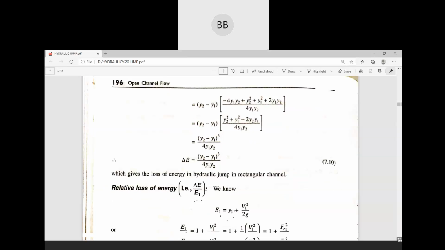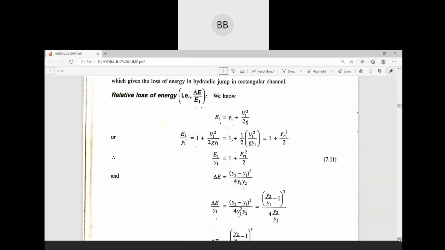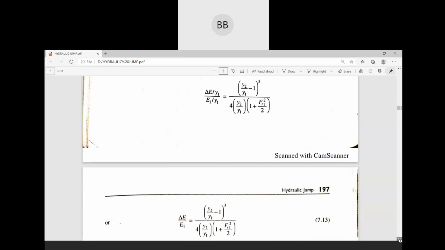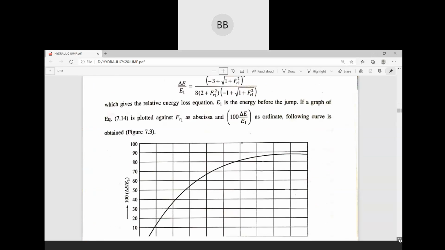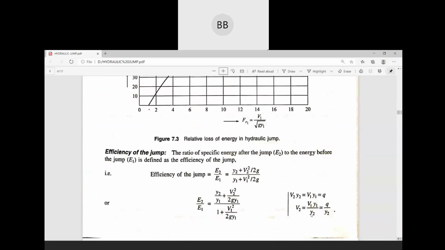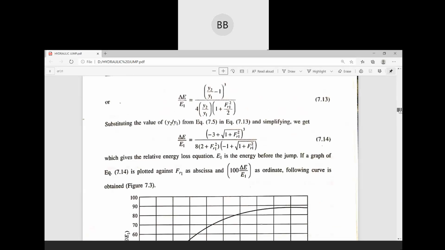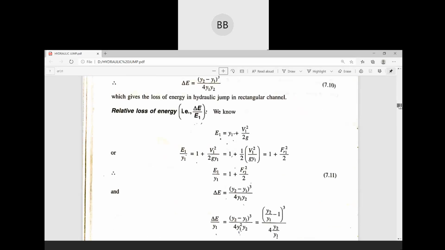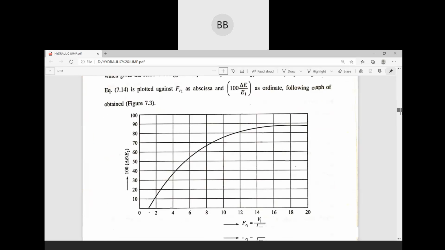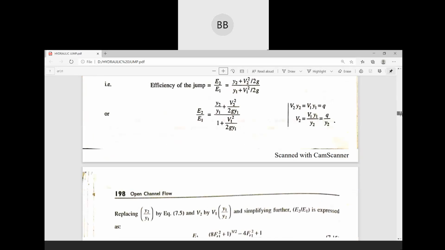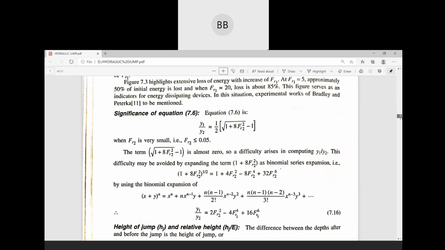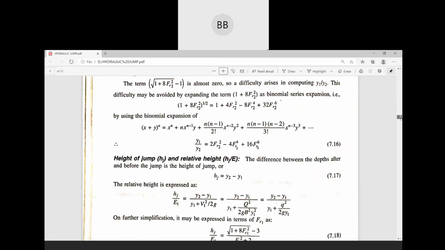Okay, so we have a few more topics to discuss. One is the relative loss of energy. Then we have the efficiency of the jump. Then we have the height of the jump.